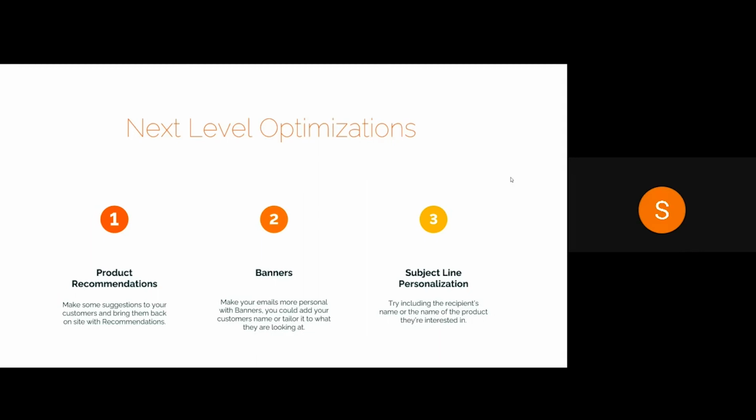Yeah, so we are also using smart blocks at the moment. I myself haven't used any of the tools or features yet within Fresh Relevance, but we're looking at coming up with dynamic content.